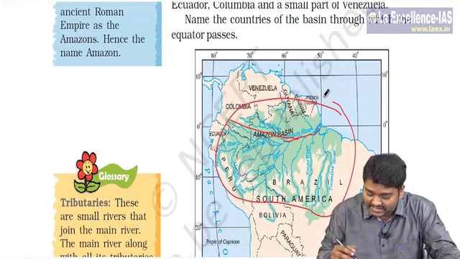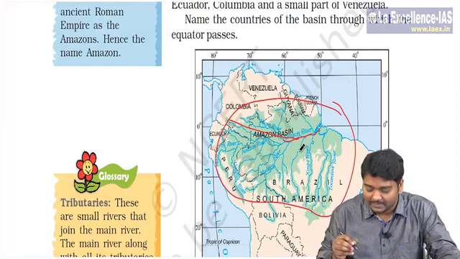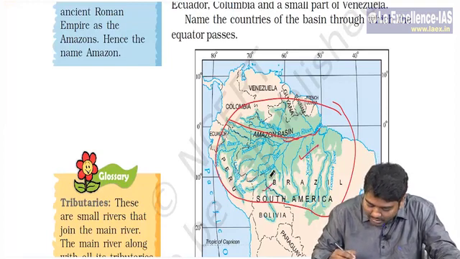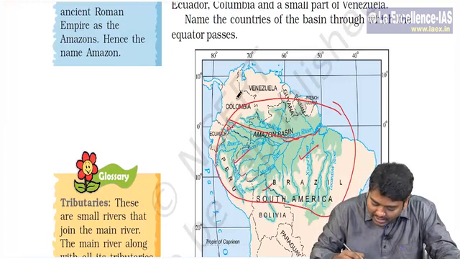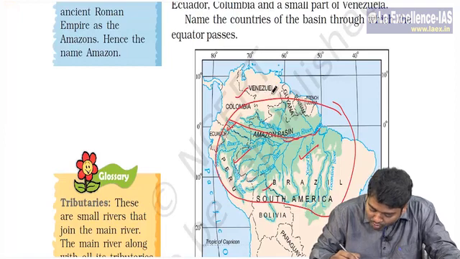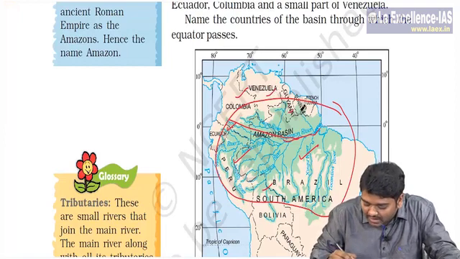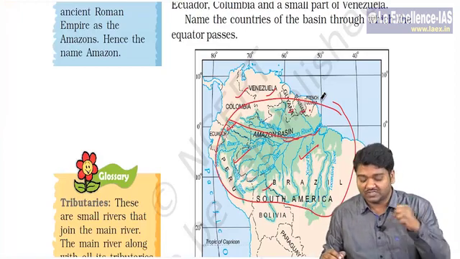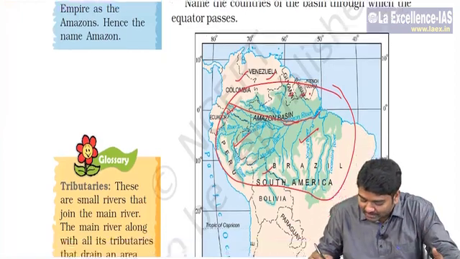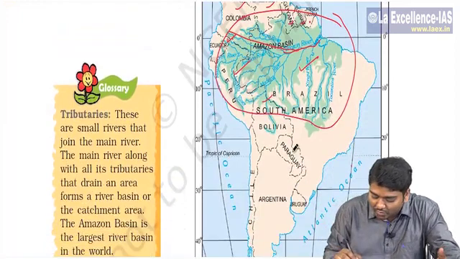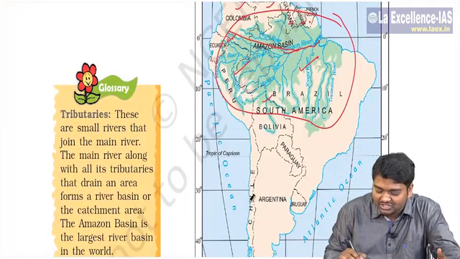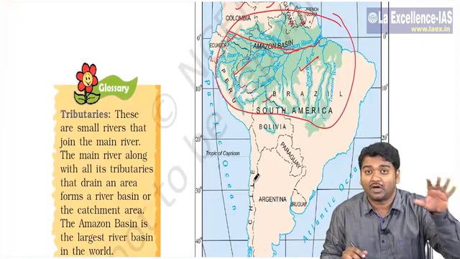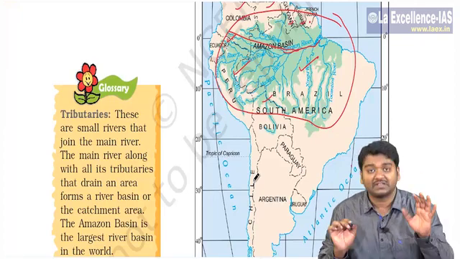It is very important for us to understand that the Amazon is present in Brazil, Bolivia, Peru, Ecuador, Colombia, some portions of Venezuela, Guyana, Suriname and French Guiana, right? Usually they ask you in which countries the Amazon is spread. Please remember, if you see Paraguay, Uruguay, Argentina, Chile, the Amazon is not present in this region.